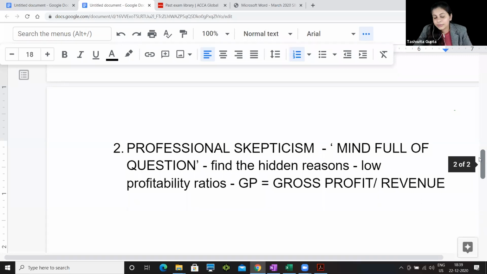So I said because my revenue fell, my GP ratio fell, or my cost increased, that's why my GP ratio fell. Now here, if you are professionally skeptical, you won't just look for obvious reasons which are available in front of you.